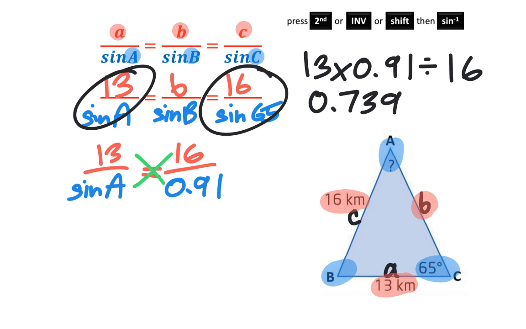It depends on what calculator you're using. You're either going to have to put in the number first and then press this button, or press this button first and then put this number in afterwards. In either case, it should give you an angle of about 47.6 degrees. Therefore, angle A is approximately 47.6 degrees.